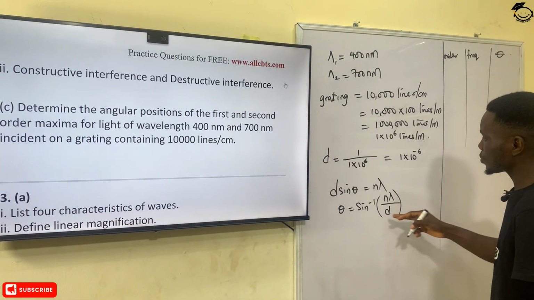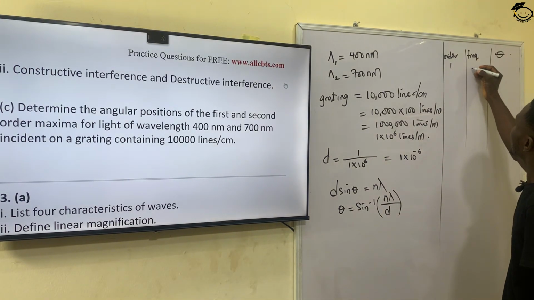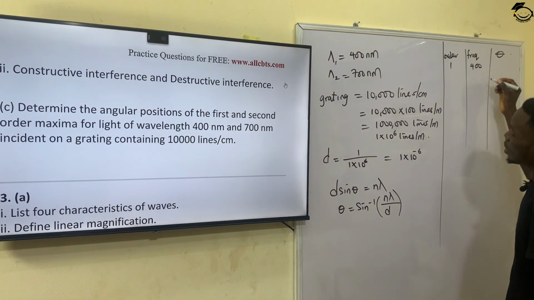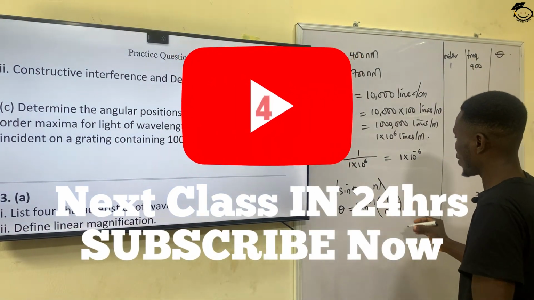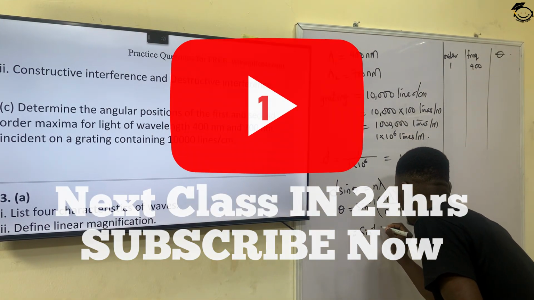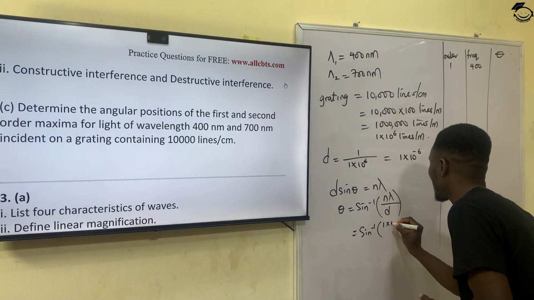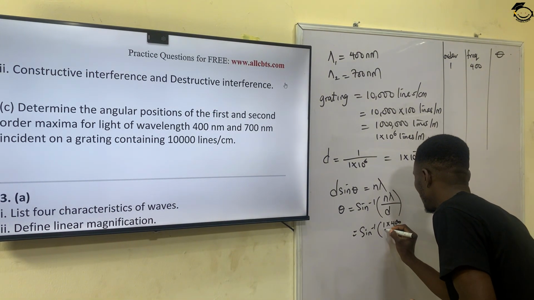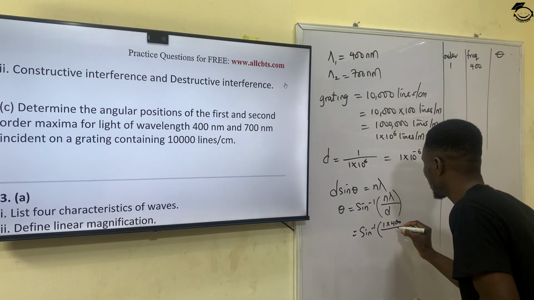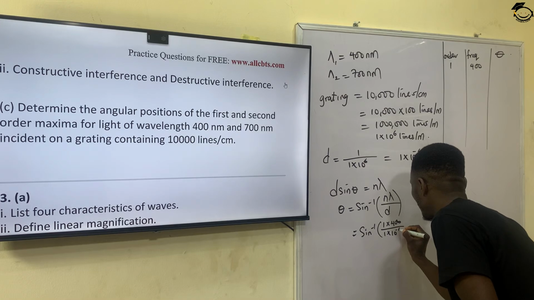So if we calculate using this formula, for the first order, when my order was 1, for my first frequency there was 400. So if I calculate using this formula here, what I'll be having is sine inverse of 1 times the frequency, 400, divided by my d, which is 1 times 10 raised to power minus 6.